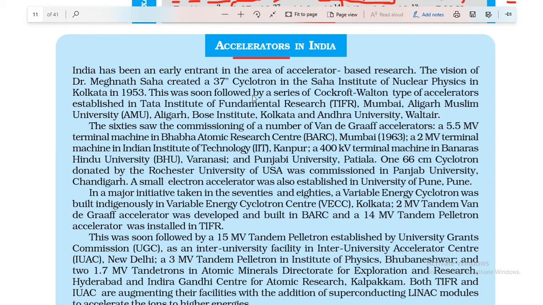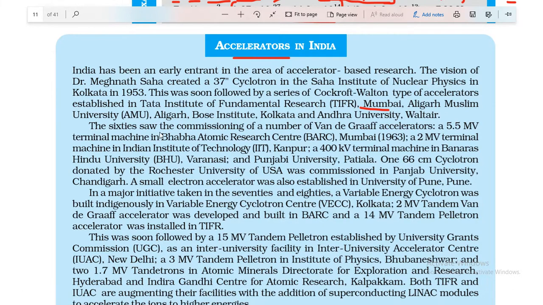This was soon followed by a series of Cockcroft-Walton type accelerators at Tata Institute of Fundamental Research in Mumbai, Aligarh Muslim University, Aligarh, Bose Institute, Kolkata, and Andhra University, Waltair.